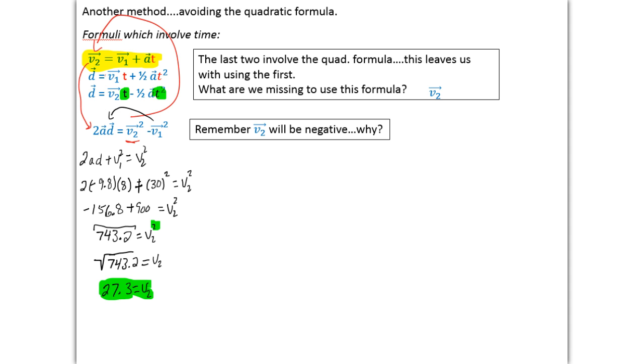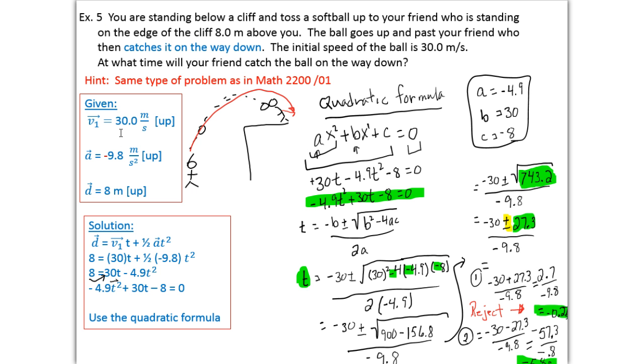Now, where were we? Okay, get your V2 here. And I had a note made up here so I wouldn't forget. Remember, V2 will be negative. Well, now what's up with that? I gave a hint or two as I was going through. The acceleration here, what direction was that in? And what direction was the velocity of the ball thrown in? Both of these were up. If you look back to here, we said they were up.